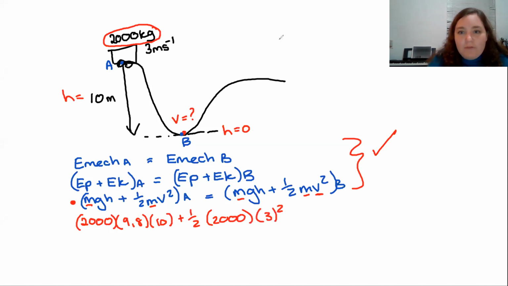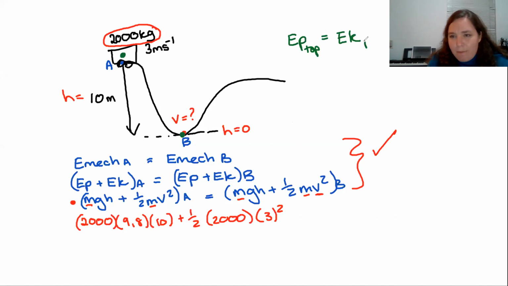Now, before I go any further, I want to quickly discuss a bad habit that people get into. They come up with this silly rule that says potential energy at the top is equal to kinetic energy at the bottom, and they change the formula to just be EP equals EK. So EP top equals EK bottom, and they're so proud of themselves because they're sure they're going to get all the marks. There's no rule. No law of conservation of potential energy at the top is kinetic energy at the bottom.